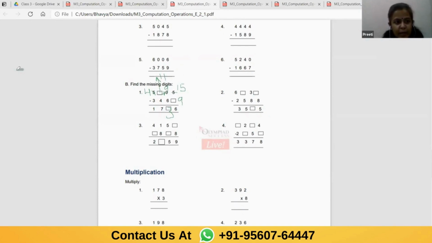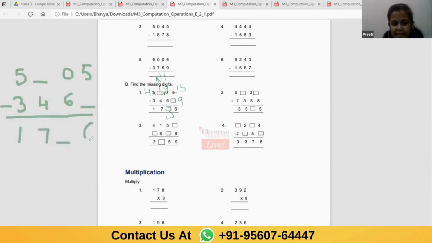See, look here. 5. Here is a blank. Then 0. Then 5. Okay? Then it is 3, 4, 6 and blank. And then in the answer, here it is 1, here it is 7, here it is blank, and then I have 6.